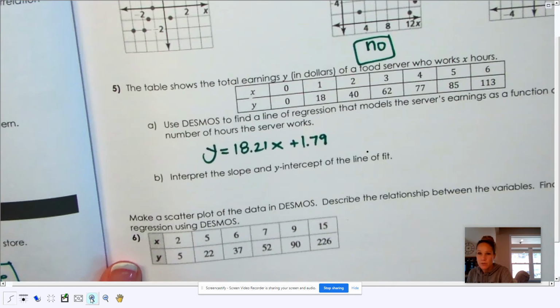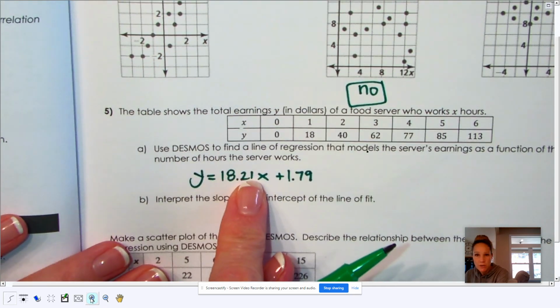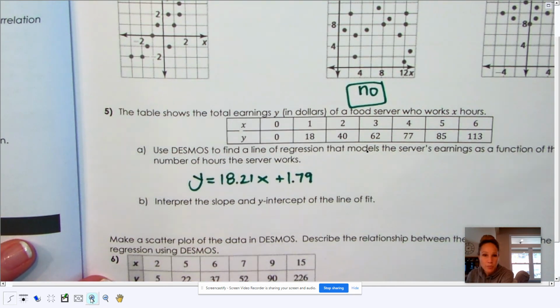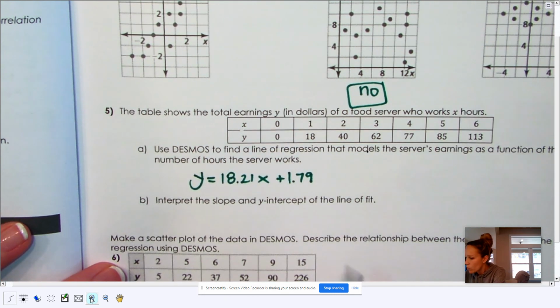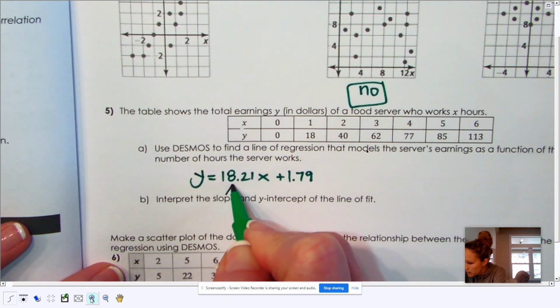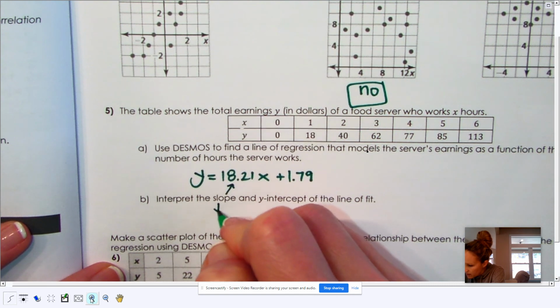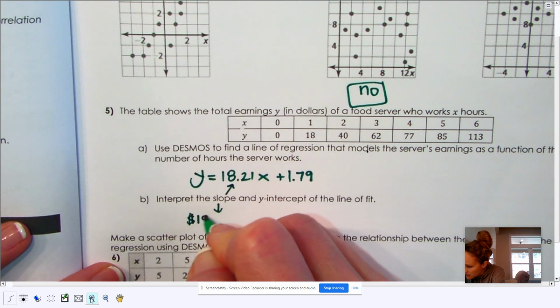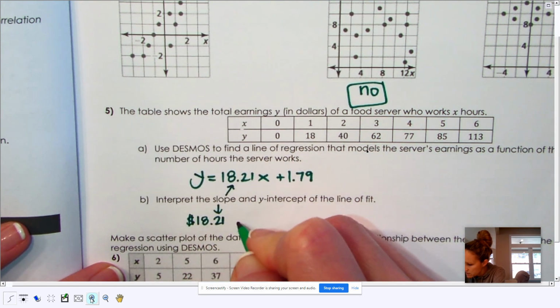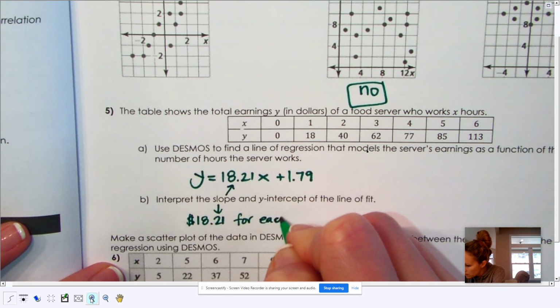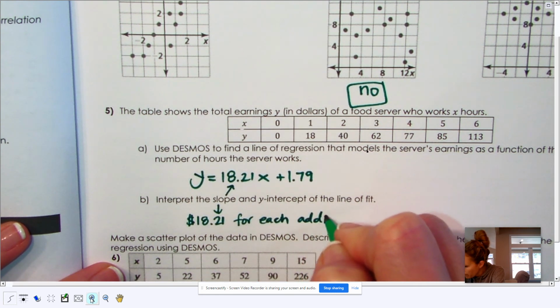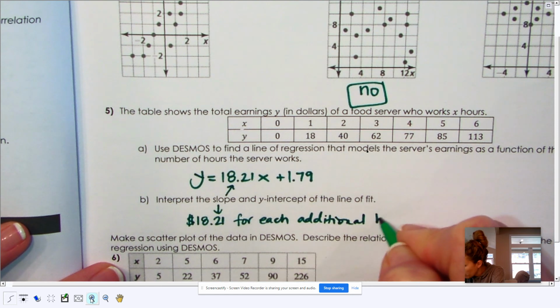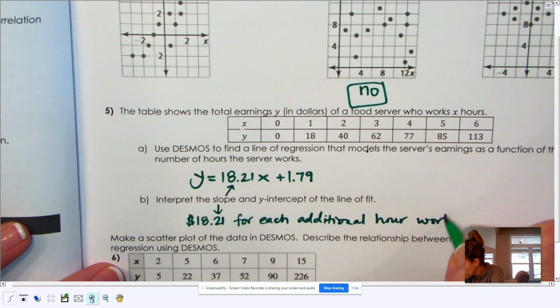All right, and so here's what you guys should have. Here was the equation that we found, and then where it says interpret the slope and y-intercept. Well, the slope is right there, and that's the waiter gets $18.21 for each additional hour worked.